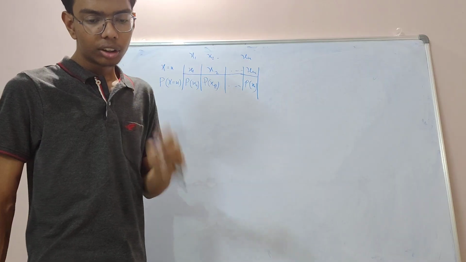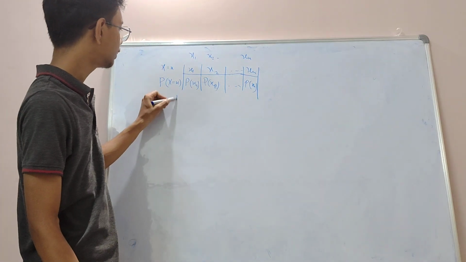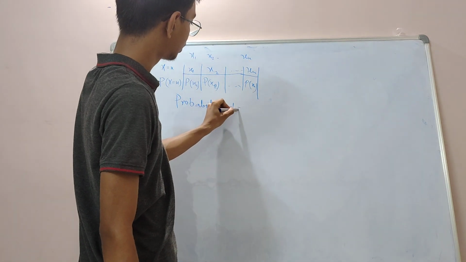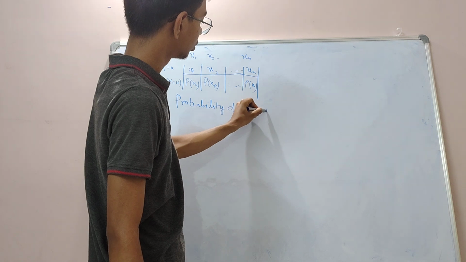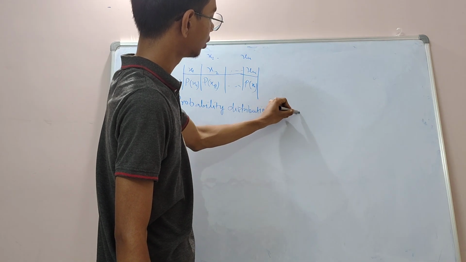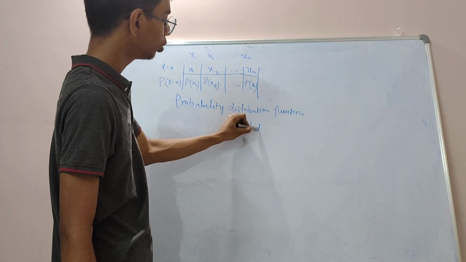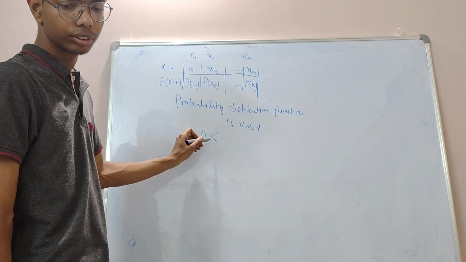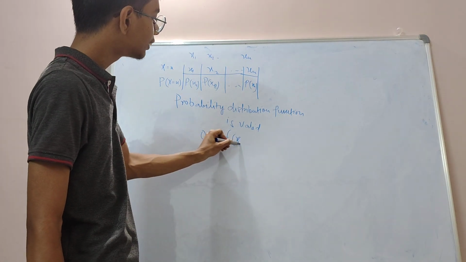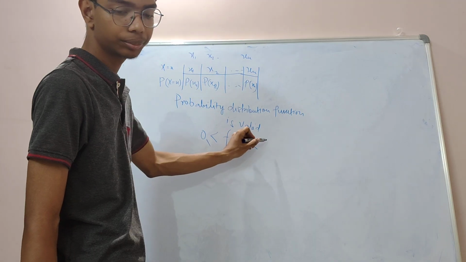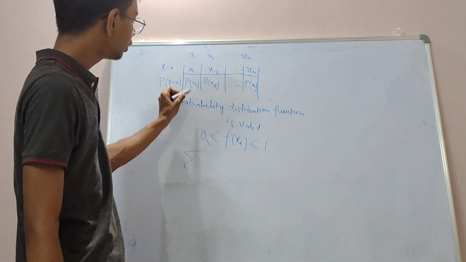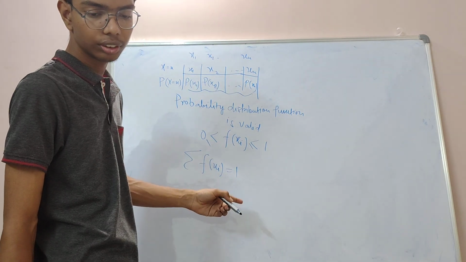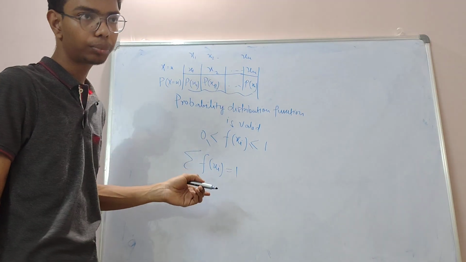And a probability distribution function is valid only if each and every probability lies between 0 and 1, and the sum of all these probabilities gives me 1.